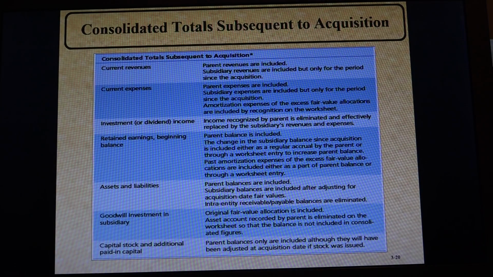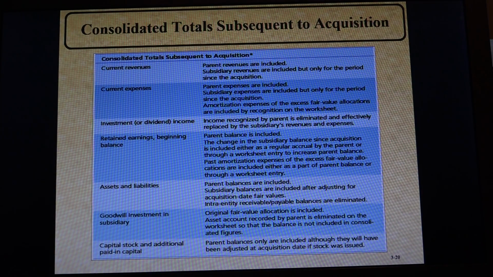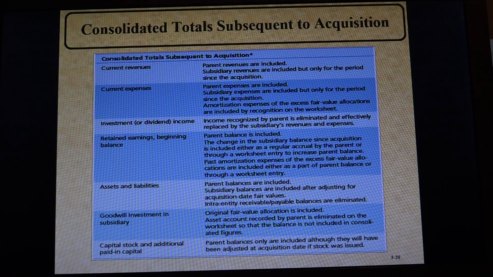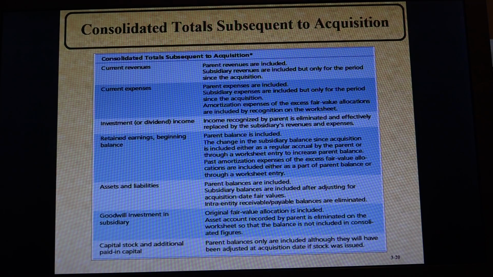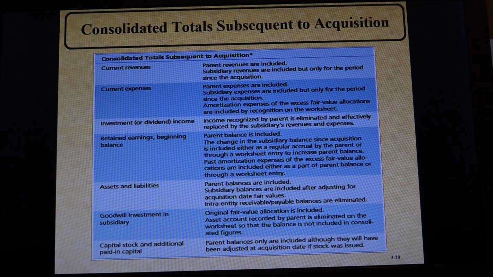You are crediting that $153,000 to your investment in Sun Company. Where's that amount coming from? Well, it's the net income for 2017 minus excess amortization, right?